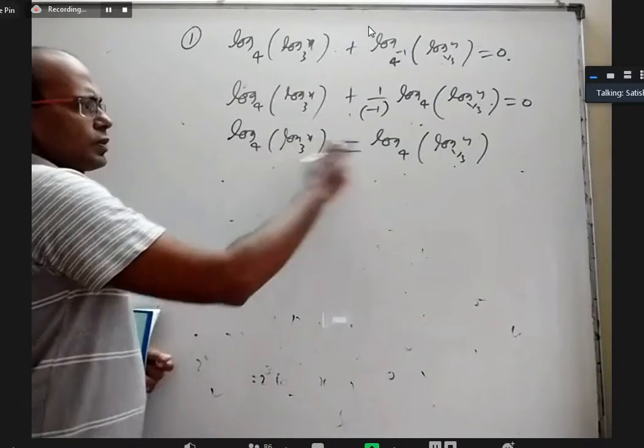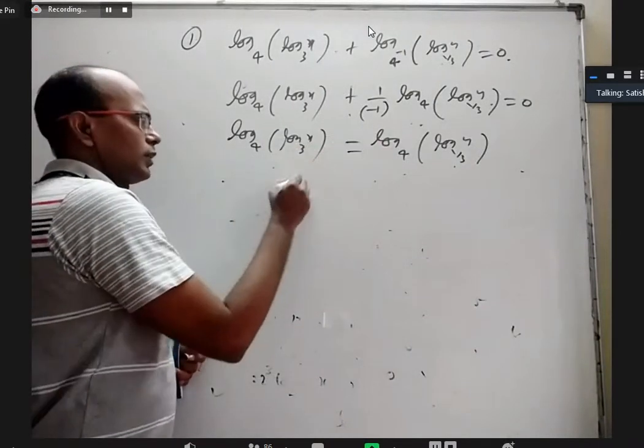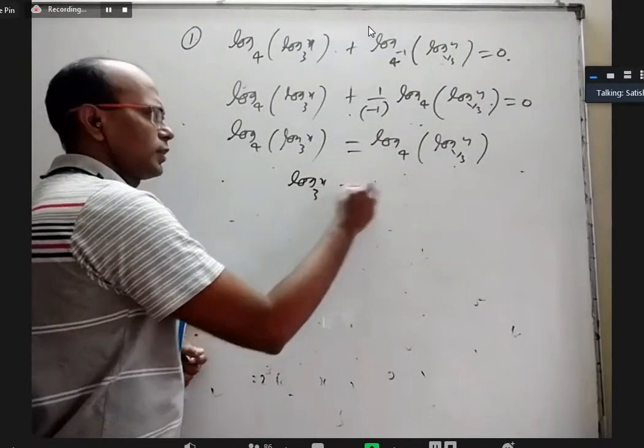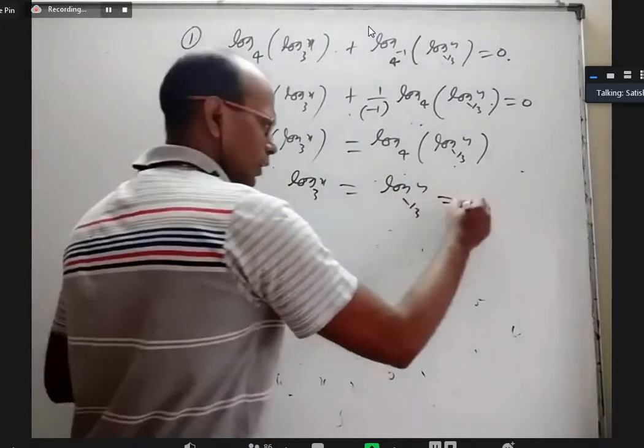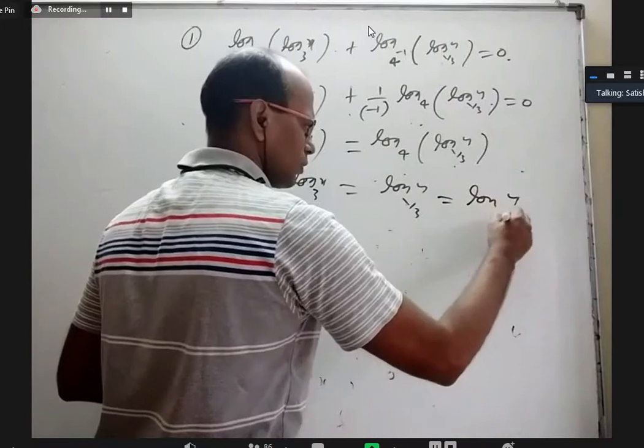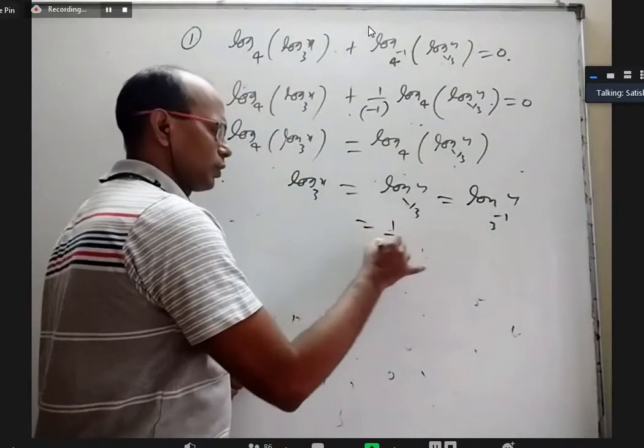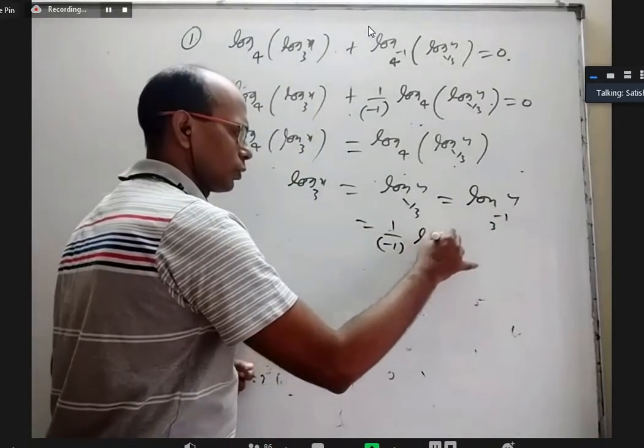This is also log base 4, this is also log base 4, I can cancel out. I'll be left with log x base 3 equals log y base 1 by 3. And log y base 1 by 3 is 3 power minus 1, which is 1 by minus 1 into log y base 3.